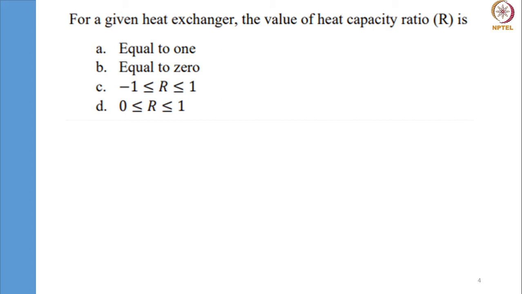For a given heat exchanger, the value of heat capacity ratio, defined by R. The heat capacity ratio is the ratio of the specific heat of the hot fluid to the cold fluid. So what is the range of this R value? That's what the first question is. Can you people just answer it?